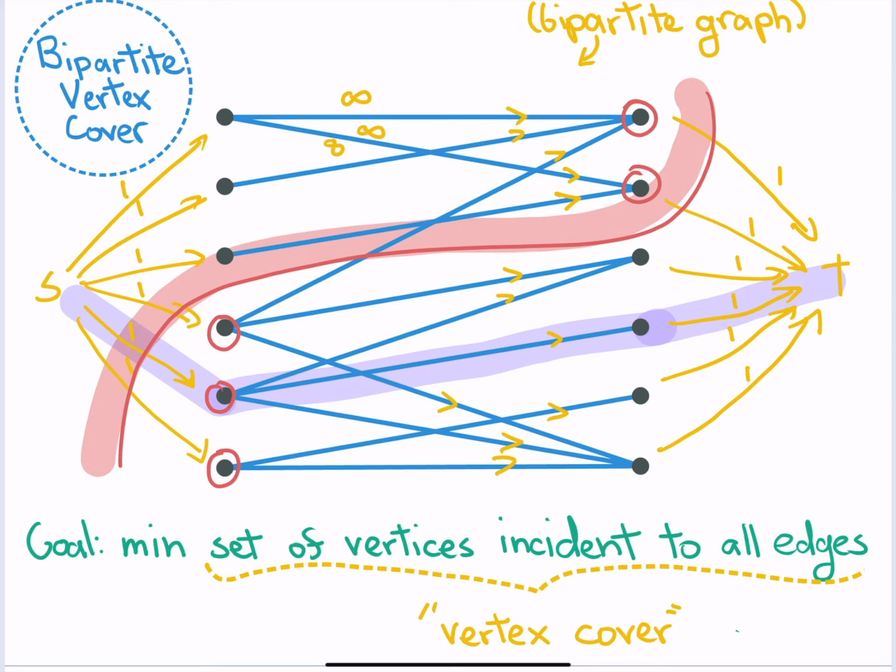So we have this one-to-one correspondence between vertex covers and ST cuts in this bipartite graph. The minimum ST cut will give you a minimum vertex cover. I always find that the applications that require ST cuts are a little bit trickier to wrap my mind around than the flow ones, but we'll get some practice.